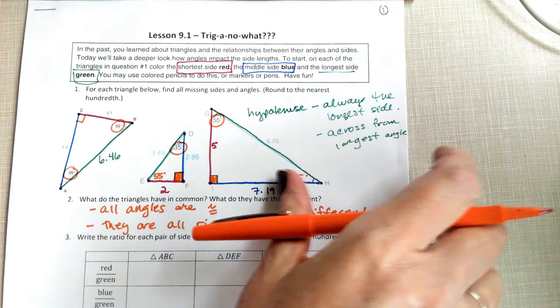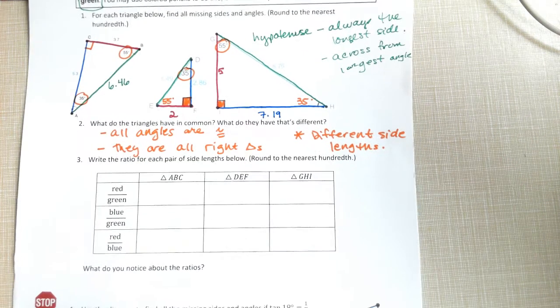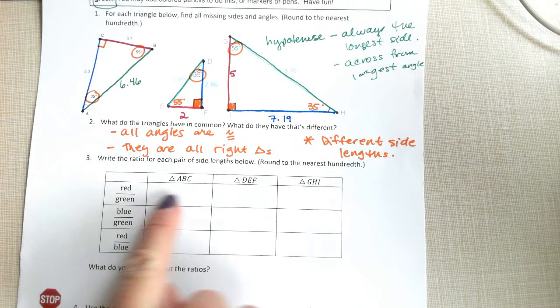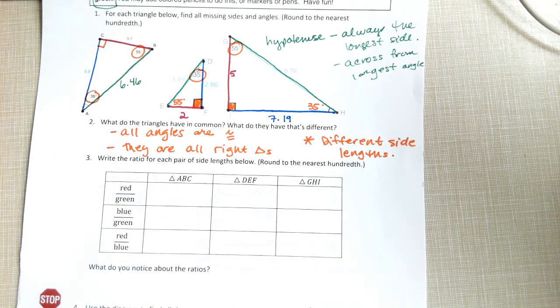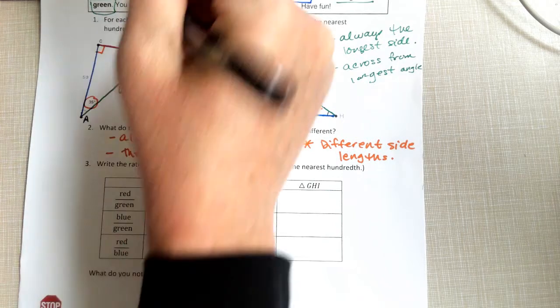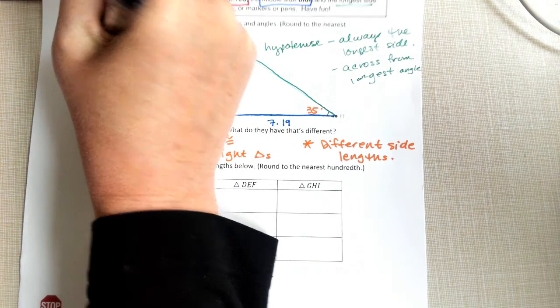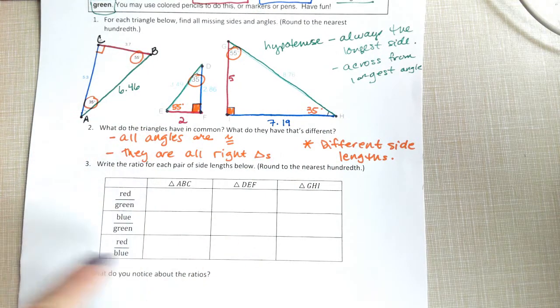Okay, so if you didn't use colored pencils, go ahead and look at my sheet and just fill out this chart. So in triangle ABC, so that's this one all the way on the left, let's kind of darken these in case you can't see those. A, B, C. Do the red over the green. I mean, we could call it short over longest.